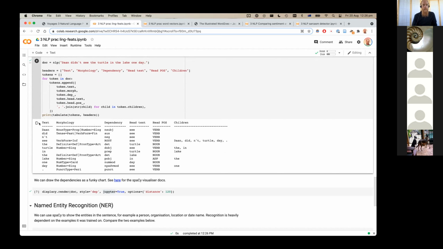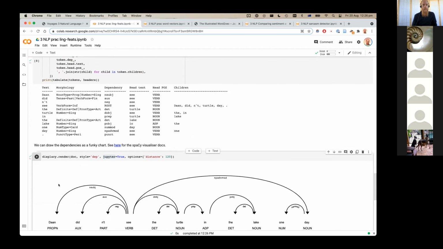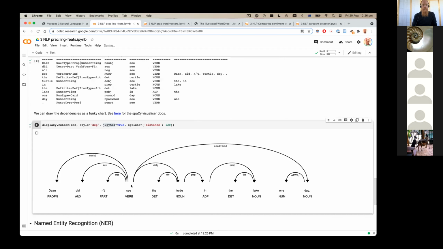So I regenerate the table and then re-render the display, and we'll see that the verb is still the head of the entire sentence, but we've got more children or dependencies on the left side in this phrase here, and the rest of it is still fairly similar.